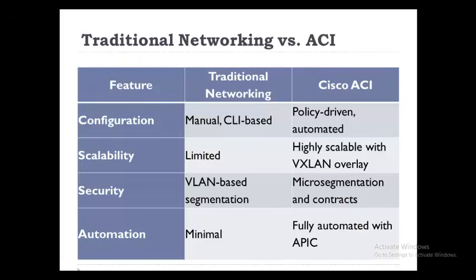Now, this table defines the difference between the traditional data center network and the Cisco ACI network. First, the configuration. In traditional networking, we used to go to each device and configure the policies manually using CLI.